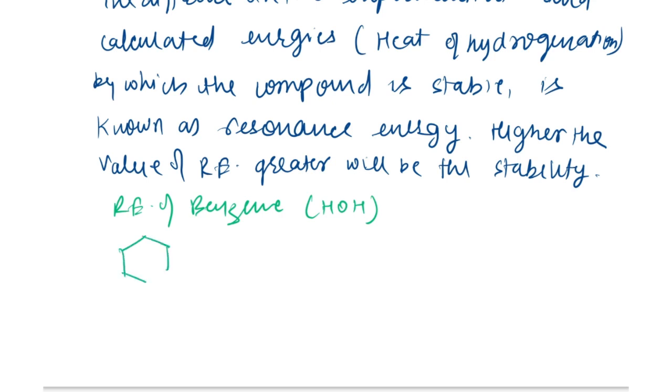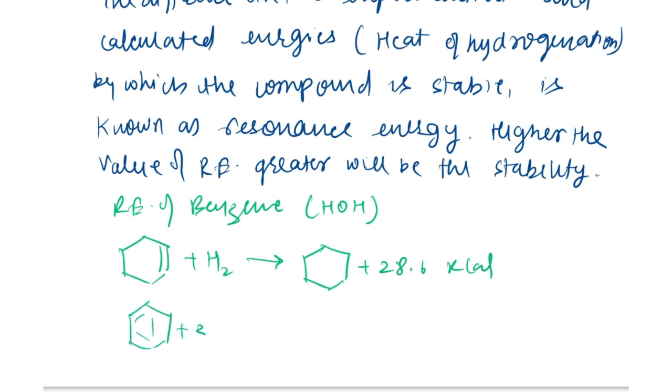Like we have one cyclohexene; when we hydrogenate it, it forms cyclohexane and releases 28.6 kilocalorie of heat. But when benzene is treated with 3 moles of hydrogen, it should form cyclohexane with 3 times 28.6 kilocalorie, which should be 85.8 kilocalorie.